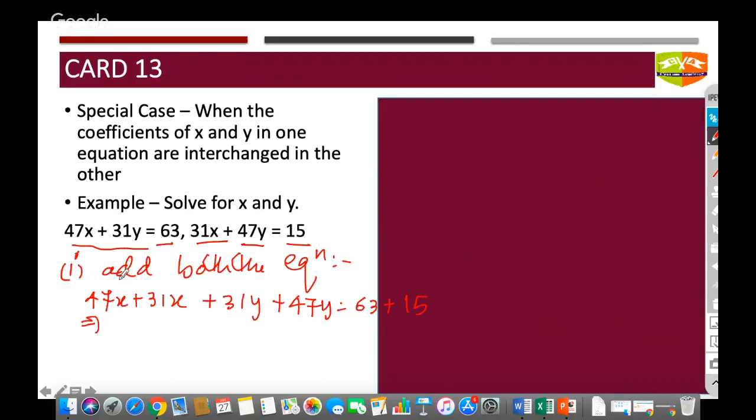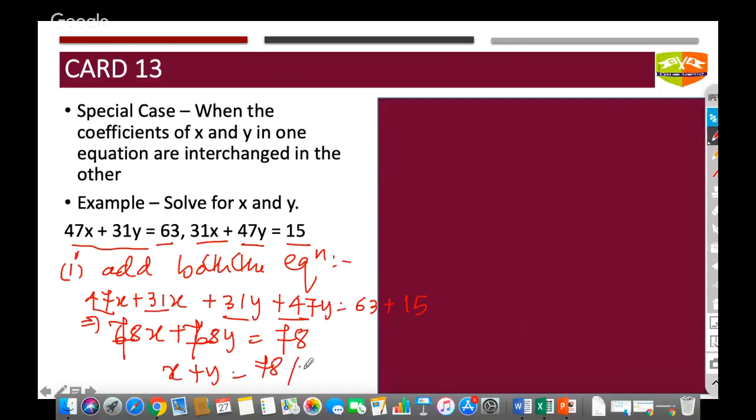So 47 plus 31 is 78x, and similarly 31 plus 47 is 78y, equal to 78. So x plus y is equal to 78 divided by 78, which is 1. So x plus y is equal to 1.